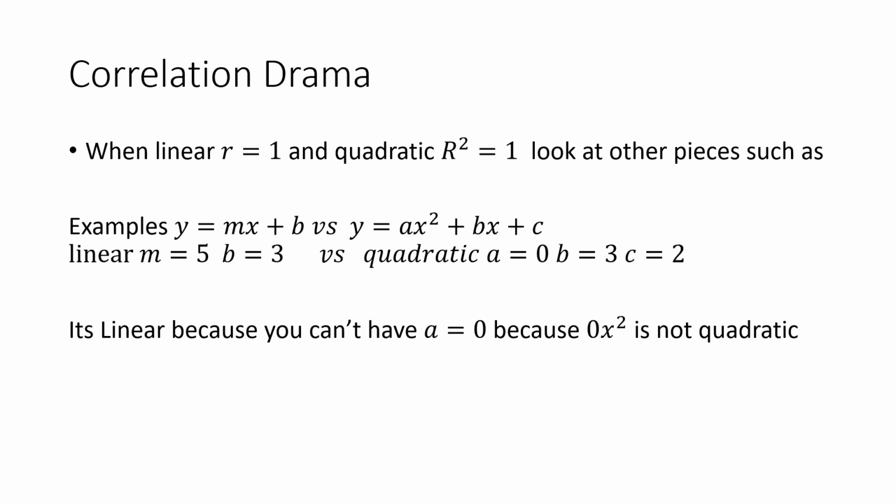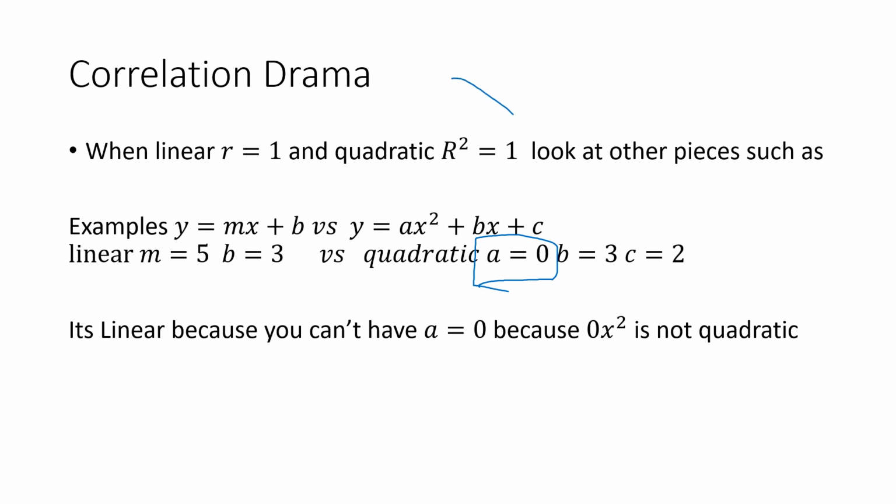So when that happens, you gotta look at the particular cases. So the examples are the linear equation, x plus b, and y is the quadratic. What you're looking for, pay attention to the quadratic first. You see how a is 0? When a is 0, it's not quadratic.